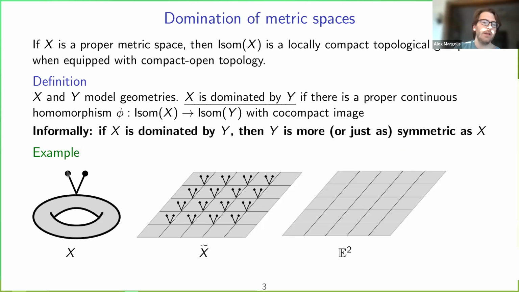So we have these unit length intervals that we stick on one point of the space. And then we take the universal cover of this space, and we get a grid, a copy of the Euclidean plane, where at every point on the integer lattice, we have these two antennae attached. We have these unit length intervals. And now we're going to consider the full isometry group of X tilde.